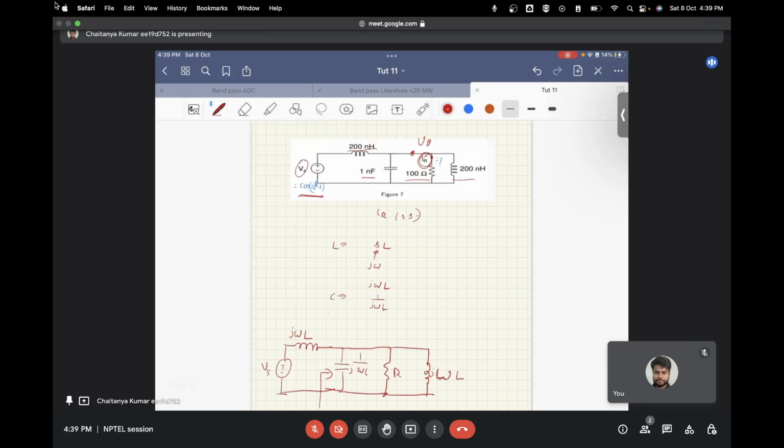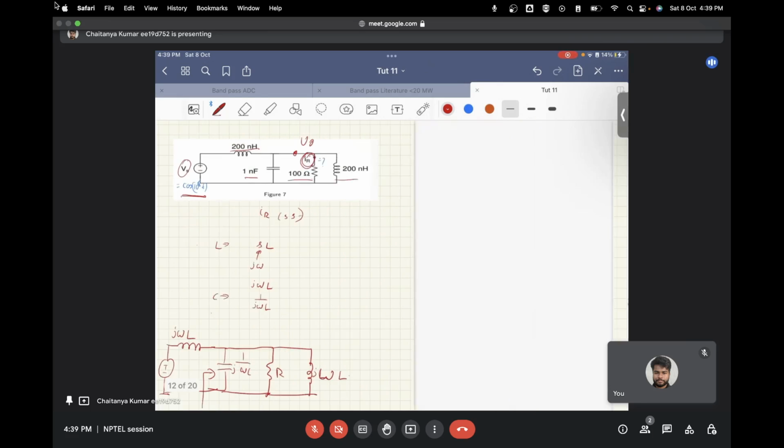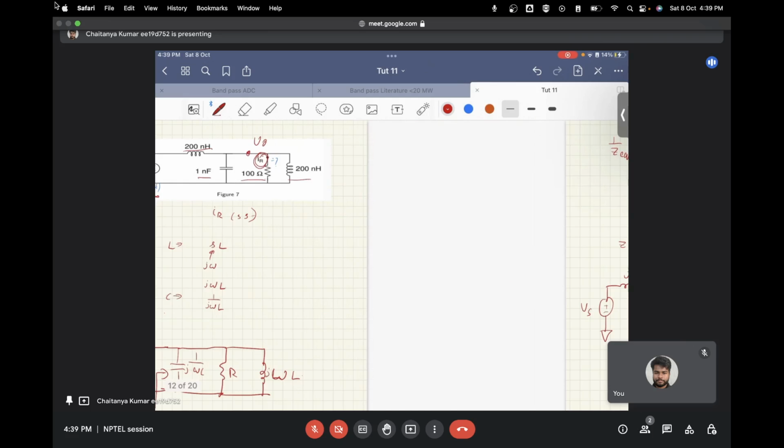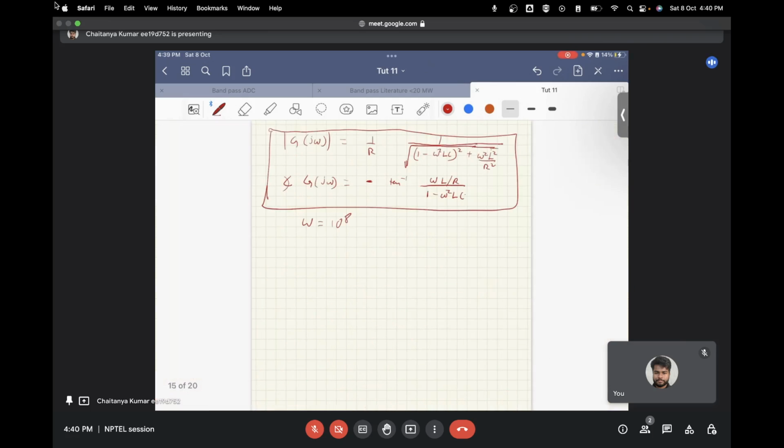The value of resistance is 100 ohms. L is 200 nanohenry and capacitor is 1 nanofarad. So R equal to 100 ohms, L equal to 200 nanohenry, and C equal to 1 nanofarad.